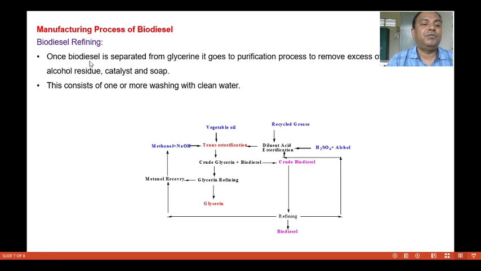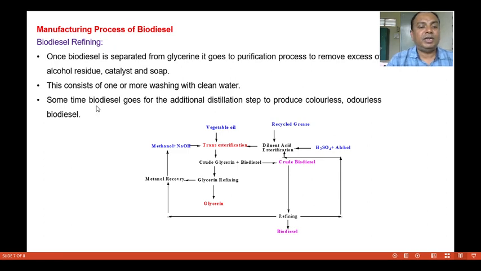So biodiesel becomes free from all these residues like alcohol, catalyst or any glycerol. Finally, what we get is biodiesel as a colorless, odorless liquid. Or if required, a distillation process may be performed in order to separate any alcohol content still left or water that remains as a residue.